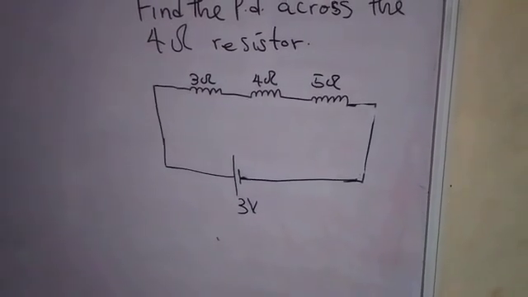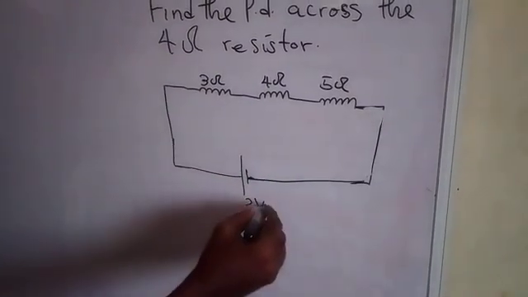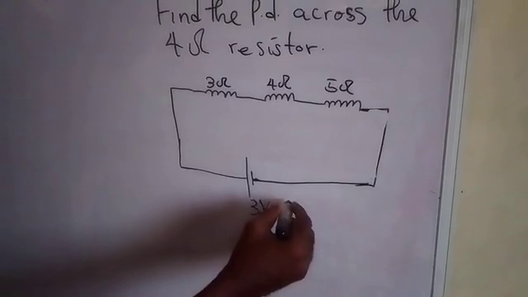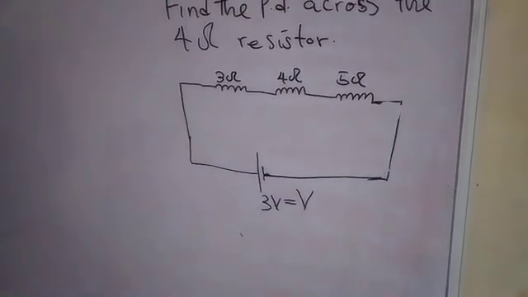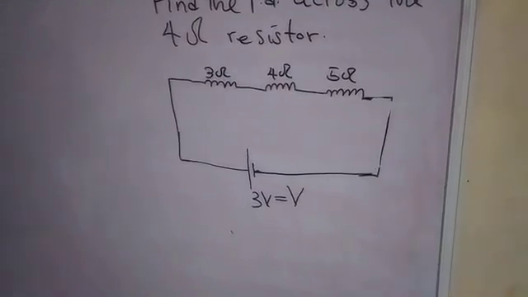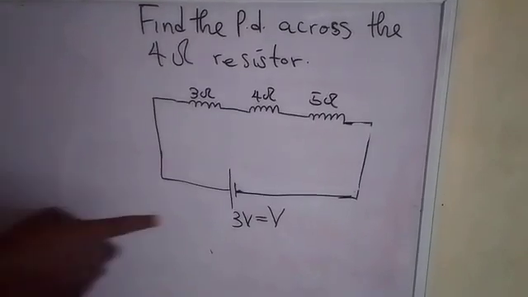So what I'm going to do is put little expressions here. Say this is the total voltage in the circuit. That means the total strength of the electricity coming from this cell. The total strength is 3 volts.